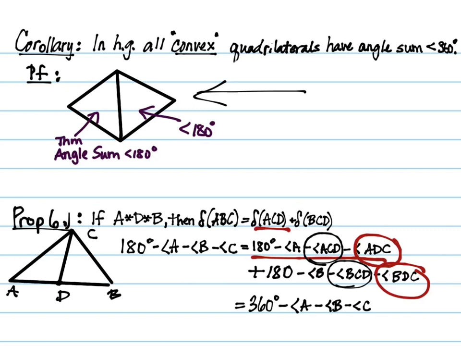Right, they're supplementary so that they're 180 degrees. So this is minus 180. And then if you take that 360 and that 180 and you subtract them, of course you get 180. You've got your angle A, your angle B, and your angle C, just like you had on the left-hand side to begin with. Make sense? Nice.